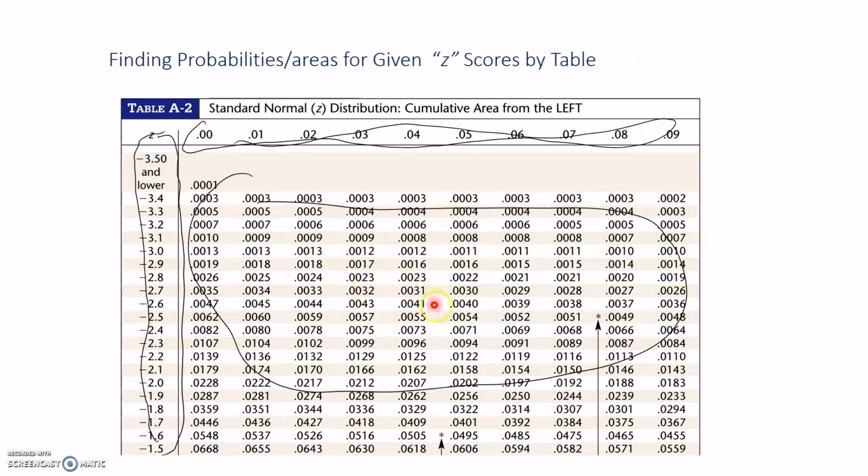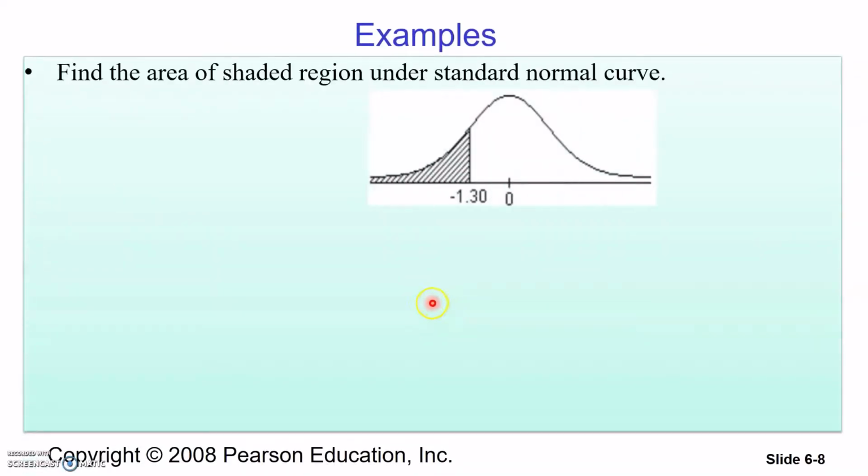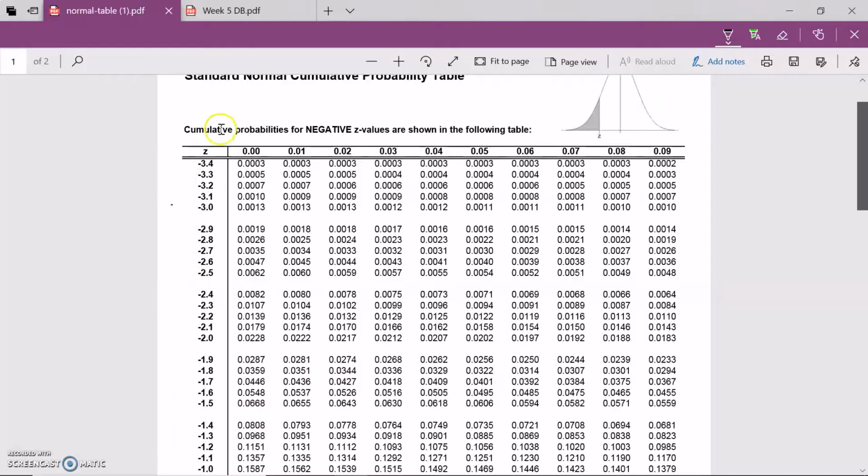How are we going to use this table? Let's see a few examples. We are given a z-score here, and we are asked to compute the area. The z-score given to us is minus 1.30. How are we going to find this area? Let me show you. We have to go to the table. Recall our z-score was equal to minus 1.30.